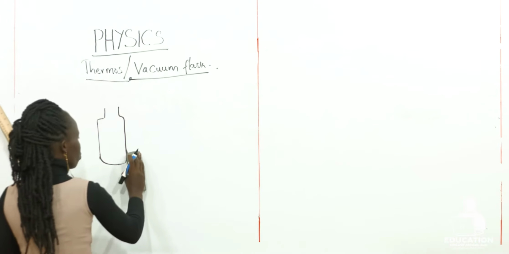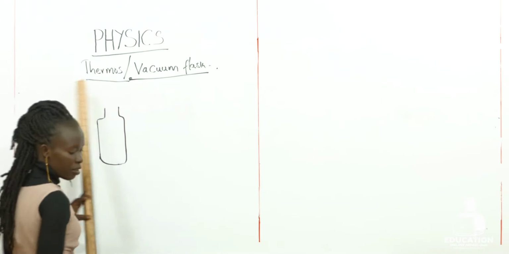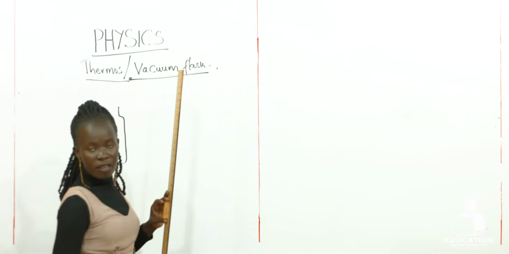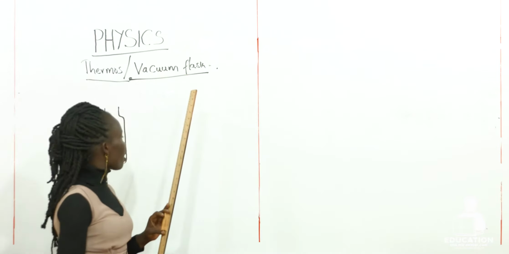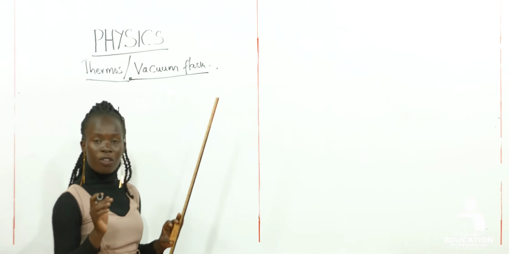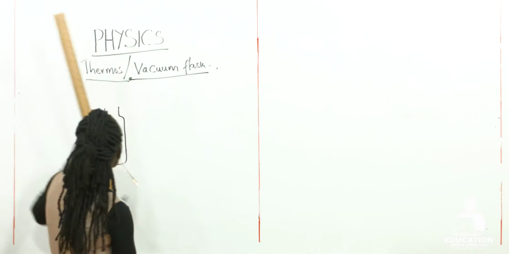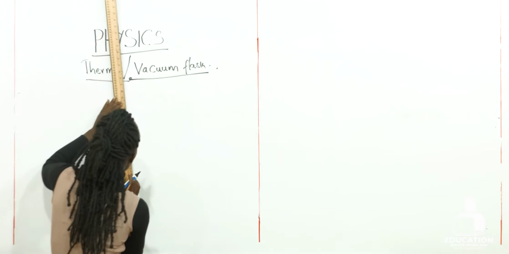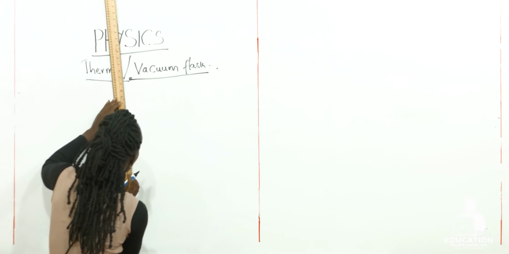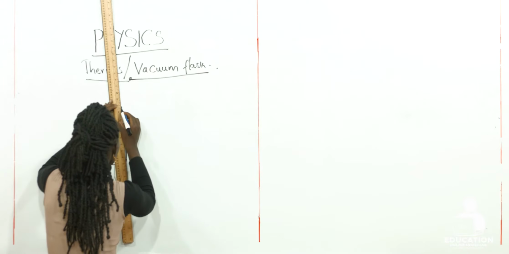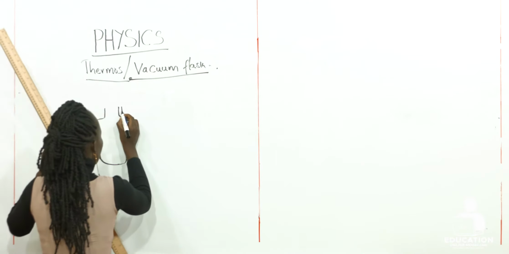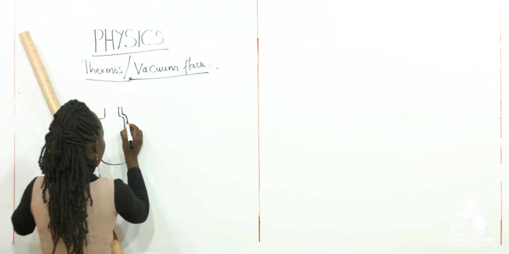So what is in between the first silvered surface and the second silvered surface? It is the vacuum. So in our diagram we have to create space for the vacuum. A vacuum means an empty space, a space that is not occupied with anything. So we shall try to create a vacuum right here.